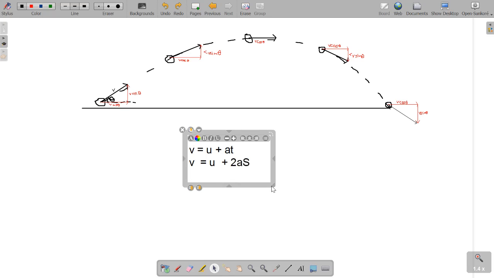The third one is s equals half (u plus v) t. The last one is s equals ut plus half at squared.